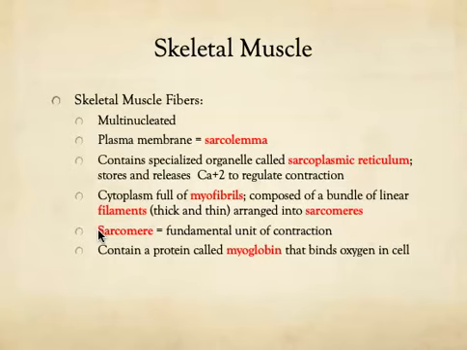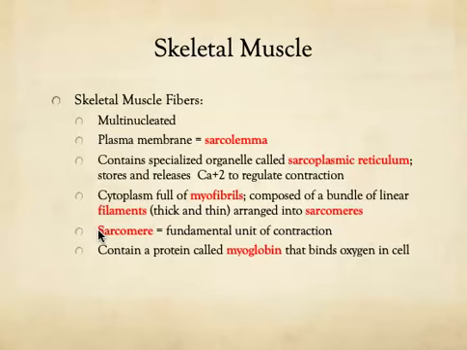So contraction begins with the sarcomere. Many, many individual sarcomeres are found in each muscle fiber, and of course, many, many muscle fibers are found in each muscle. So the unit of contraction inside that big biceps brachii muscle is the sarcomere.